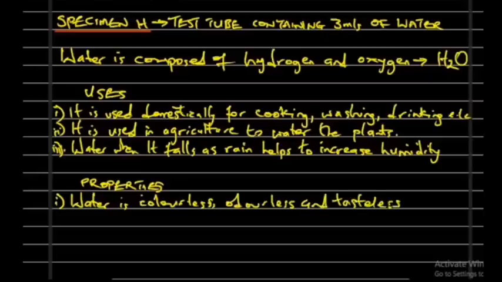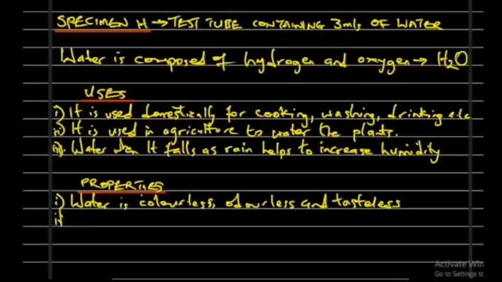These are some of the properties of the constituent elements that make up water. Hydrogen and oxygen are colorless, odorless, and tasteless, and that is why water has adopted that particular property of theirs. So these are some of the things that we can use water as.